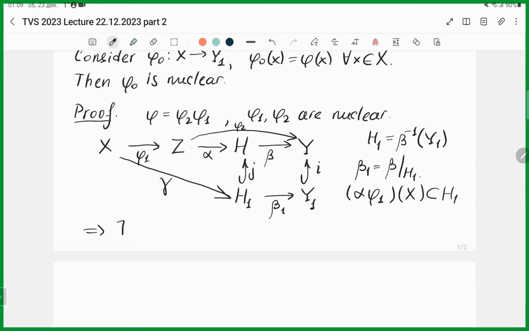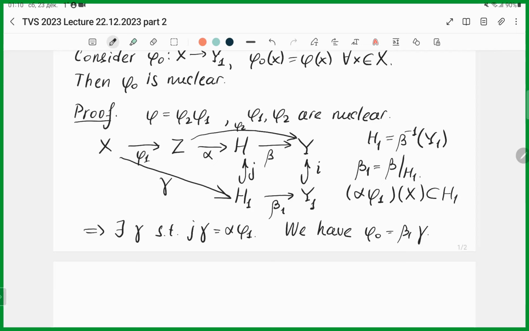There exists a map gamma such that J gamma equals alpha phi 1. And if we look at this diagram, we see that our map phi 0, which acts from X to Y1, is nothing but the composition of gamma and beta 1. Because if we compose it with the inclusion map, what we get is exactly phi. So phi 0 is just beta 1 gamma.